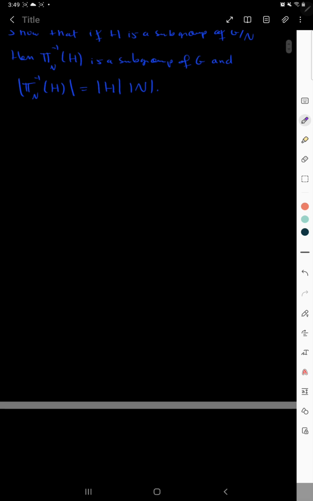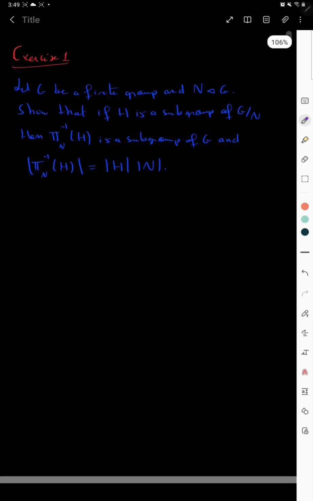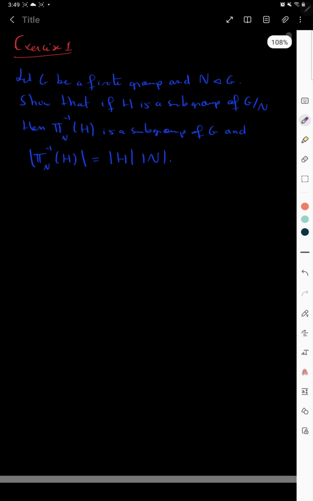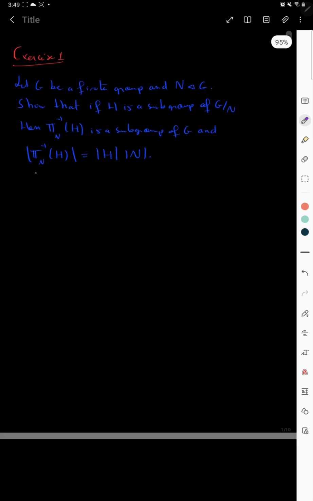So let's prove it. The fact that pi_N inverse of H is a subgroup of G has been shown in class.